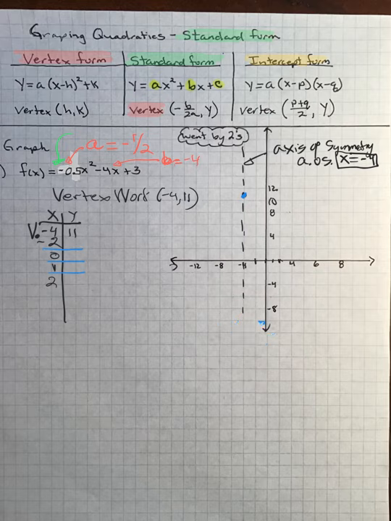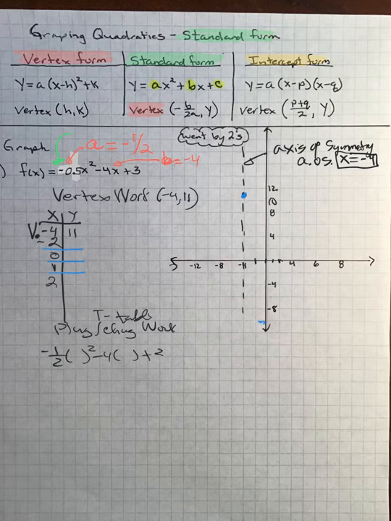So now I'm going to plug in -2. So down here is my plug and chug work, my t-table work. And I go back to the original equation, which was -1/2 x squared minus 4 times x plus 3. And I said, let's plug in -2.